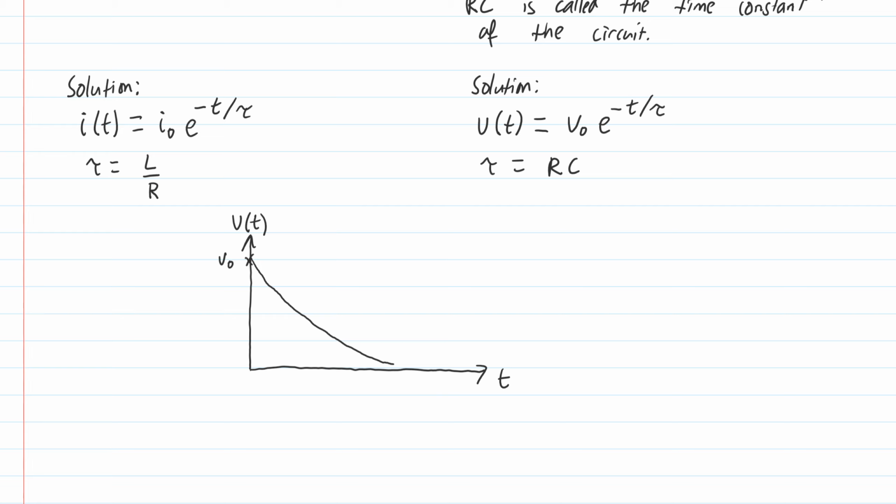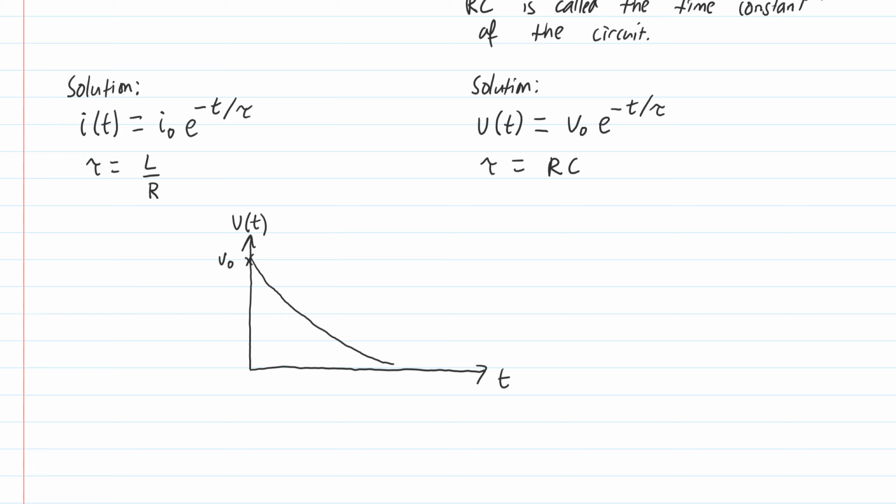The time constant defines the scale at which this decay happens. We can ask ourselves the question: how much has it decayed after one time constant has elapsed?